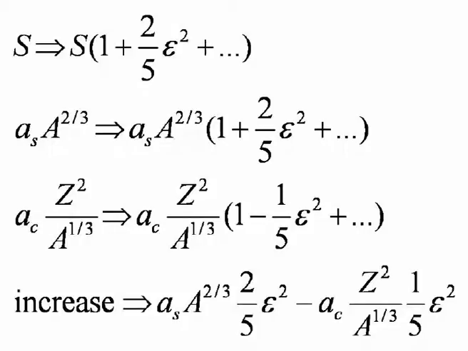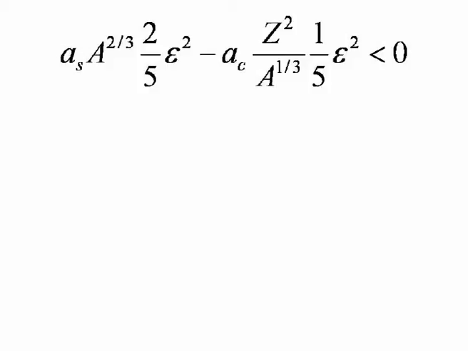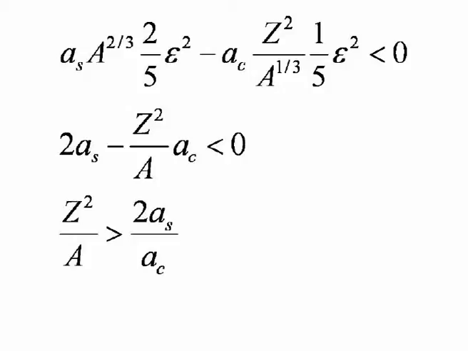Now, you can ask, when you do not have any increase, you give a small deformation and the energy starts decreasing. That will be the case if this quantity happens to be less than 0. So, even a small deformation decreases energy. This is the condition, and you can now cancel that epsilon square and other things, and you get a condition once again on z square by A, using the same values of A s and A c.